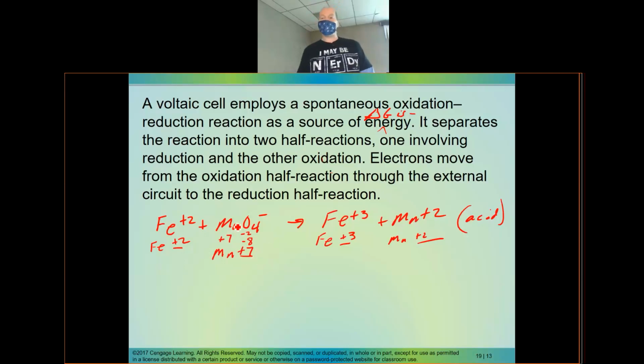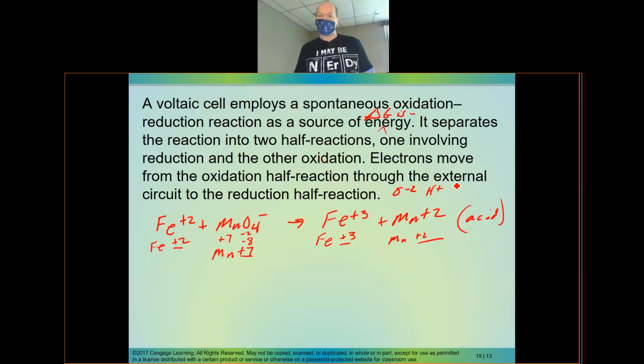So oxygen, remember, is going to be negative 2 in compounds, and hydrogen is going to be plus 1 in compounds. And the entire hydrogen column, every one of those, lithium, sodium, potassium, all of those are plus 1. The second column is always a plus 2. So that's your beryllium, your magnesium, your calcium. Those are always plus 2.